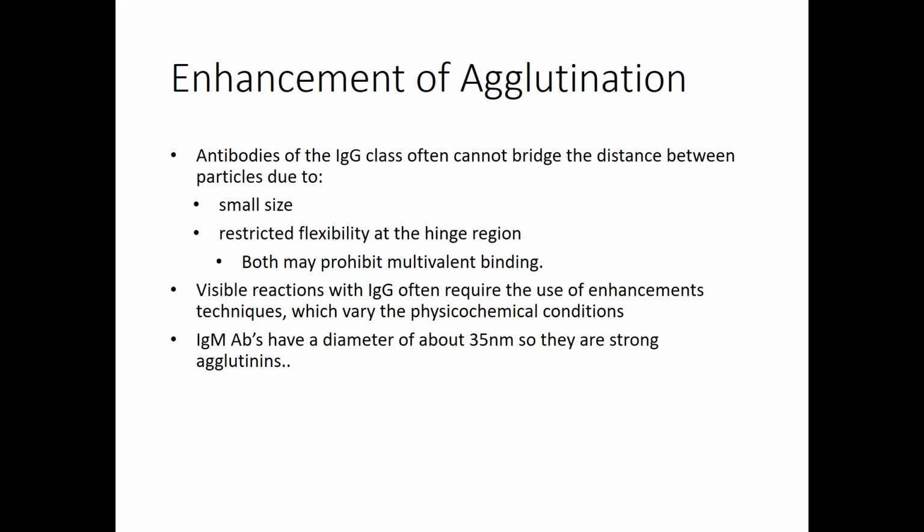Why? Well, first of all, IgG is a smaller molecule, much smaller. We saw that it has those strange hinges in each of the subclasses. So in many cases, there's restricted flexibility at the hinge region. And both those issues may prohibit that multivalent binding between two particles, antigens on two different cells or particles.